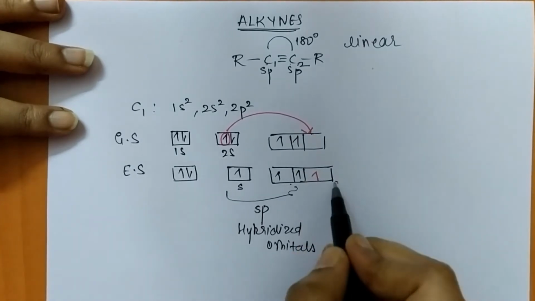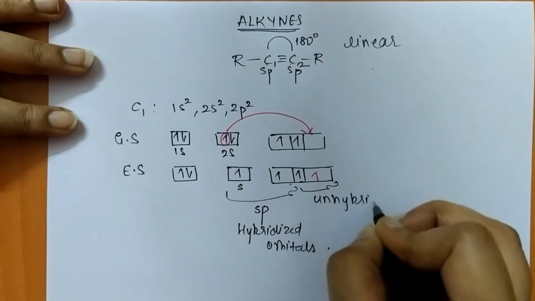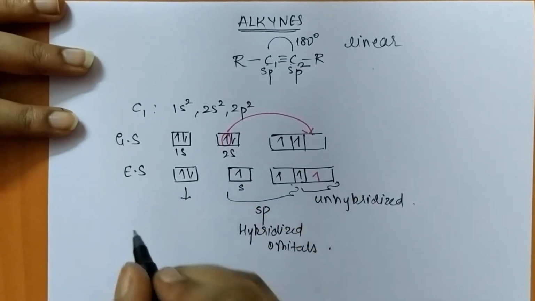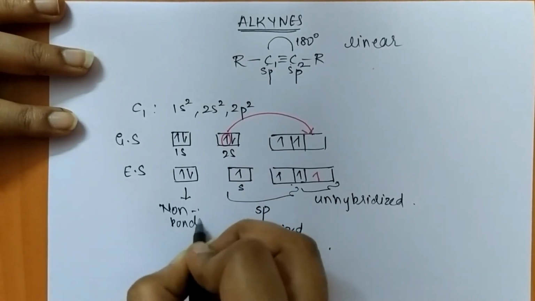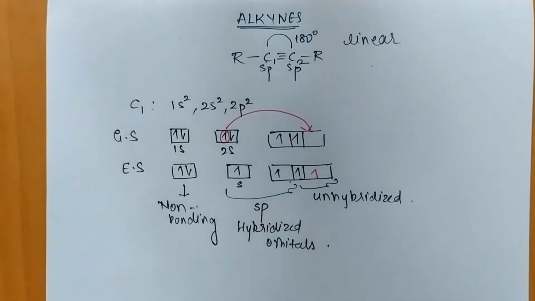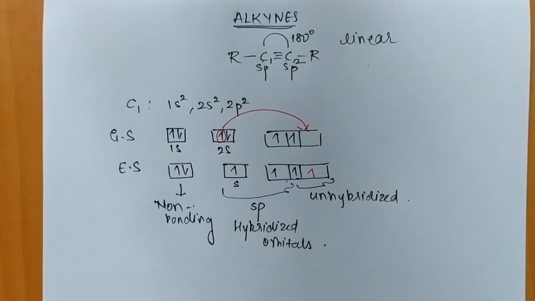And these two orbitals are the unhybridized orbitals. And this orbital is going to be called the non-bonding orbital, that is, it does not take part in the formation of any bond. These electrons don't take part in the formation of a bond.